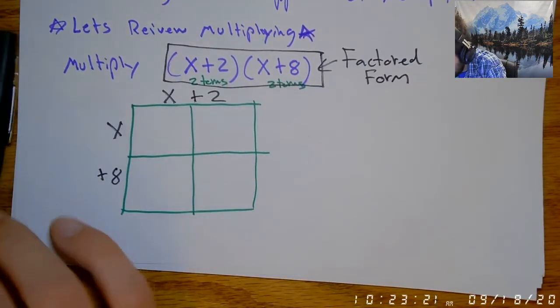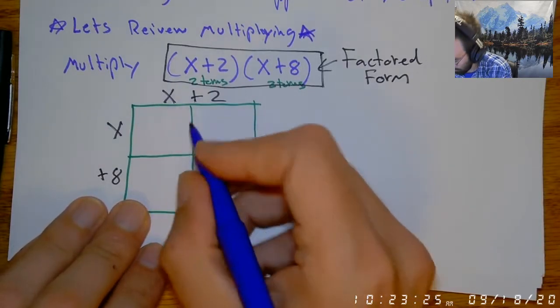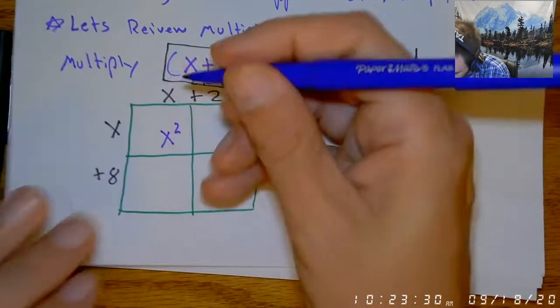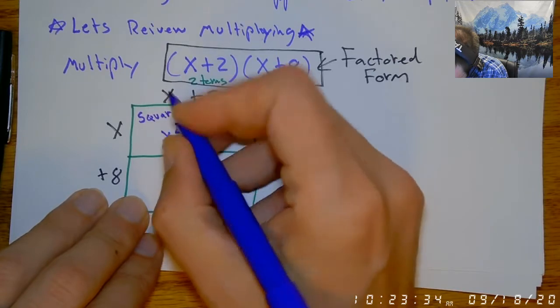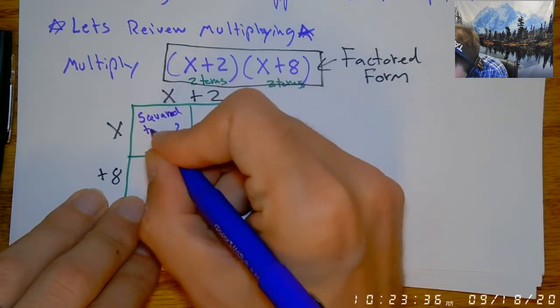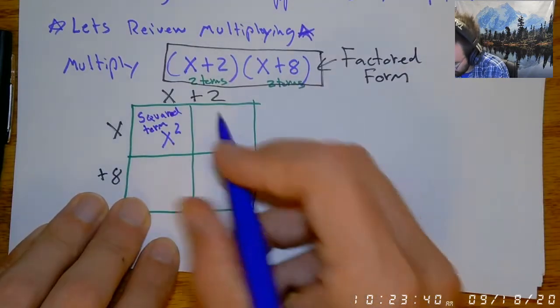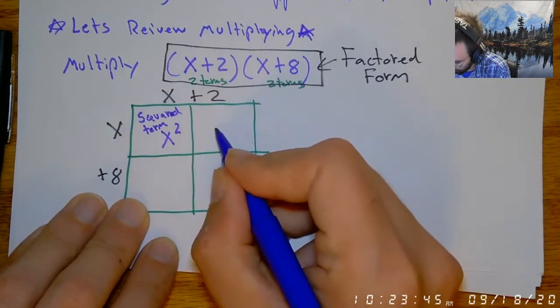So to do this, let's check out some things. In the upper left here, we have x times x, that's x squared. We call this our squared term. Then here we go 2 times x, that's 2x.